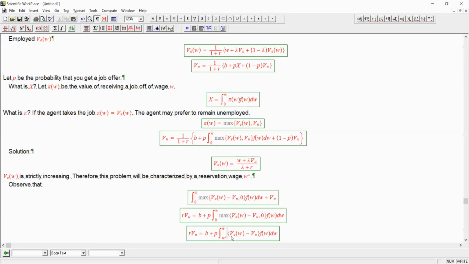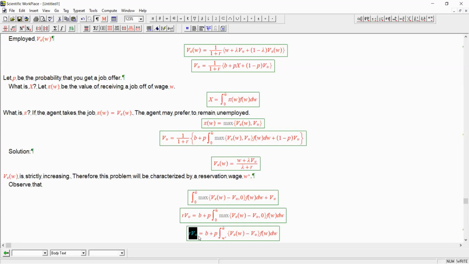What's the financial interpretation of this problem? Remember, R times the value of some asset, whatever the asset is, is equal to the expected value of what you get each period. It's the flow value of holding that asset.